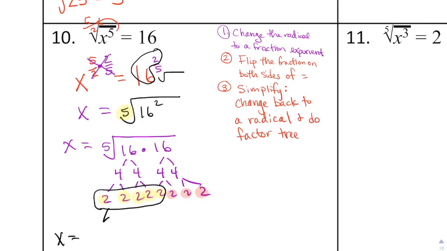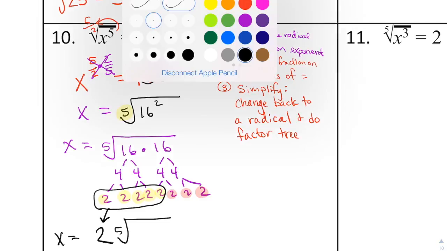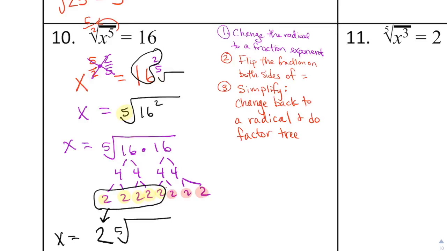So I have x equals 2. I've got the 5th root. And then those in red, highlighted, there's only 3 of those, so they have to come back under the radical sign. So I've got 2 times 2 times 2.